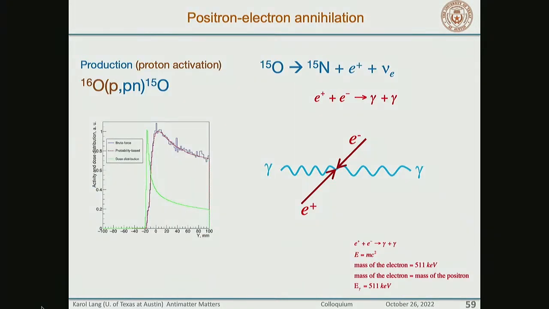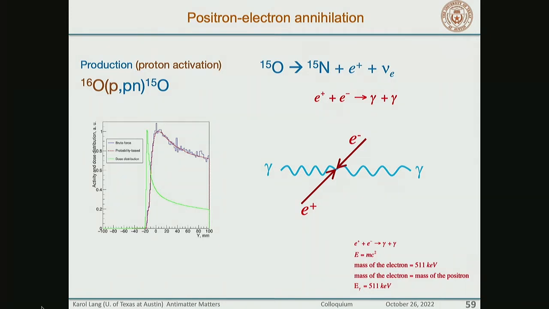So in our case, we are actually activating tissues, and the activation is what we're going to be detecting. We will not be injecting, at least in this project, any radiopharmaceuticals. We will be using what the beam has already generated. It's called positron emission species, or PES. So a typical reaction is p plus oxygen, which produces oxygen-15.